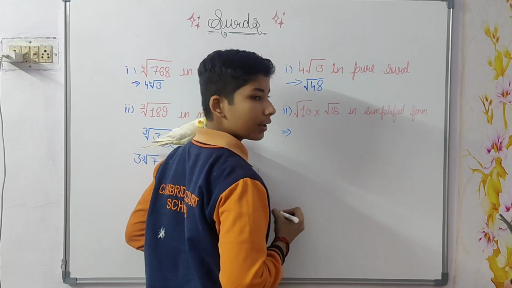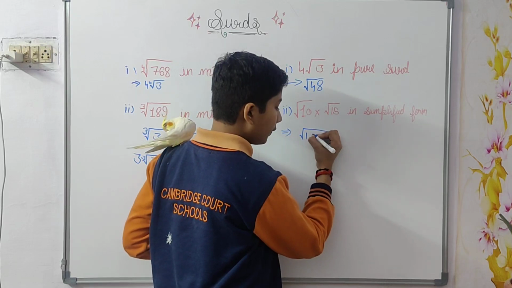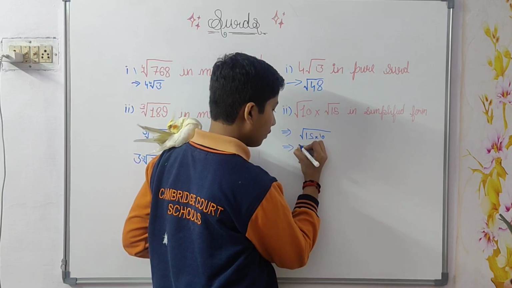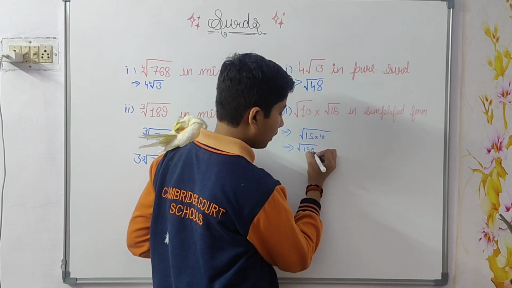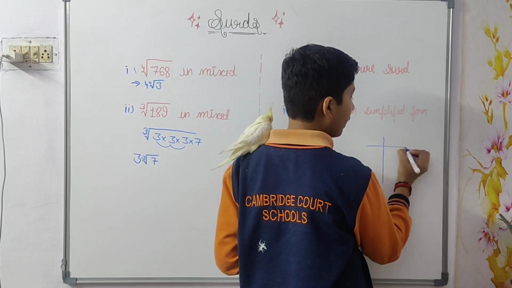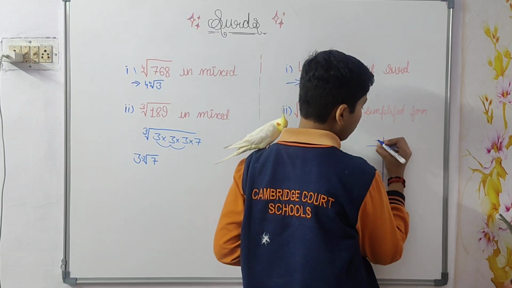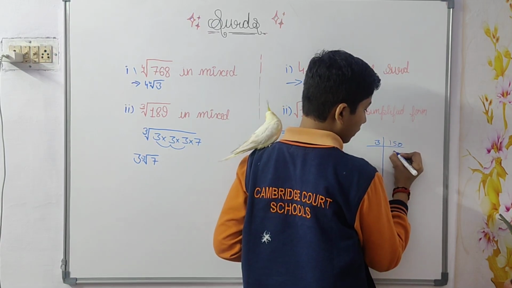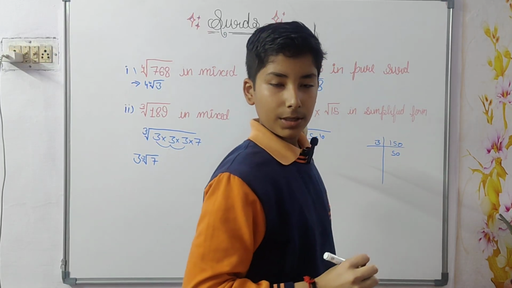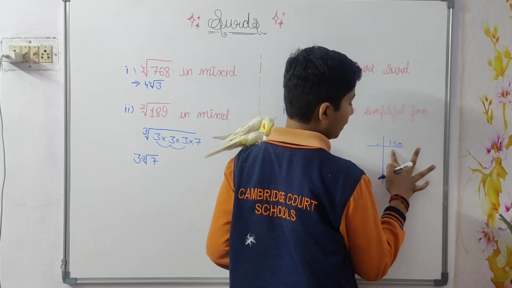So root 15 into root 10 can be written as root of 15 into 10, which is root 150. Now how will we write 150? I will have to do prime factorization. 150. Yes, it is divided by 3. 3 into 50. Now it is not getting divided by 3. So what will we do? Firstly we will divide it by 2.